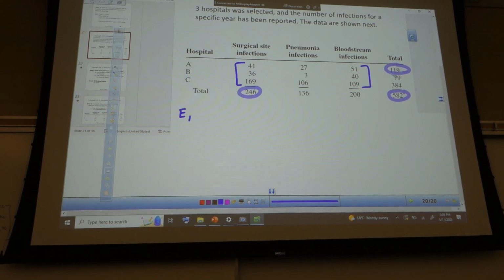First row, does everyone agree with that? Which column is it? 1. So 1 comma 1. This is going to be the row total, 119, times the column total, 246, divided by the grand total, 582. You just have to compute what that is.